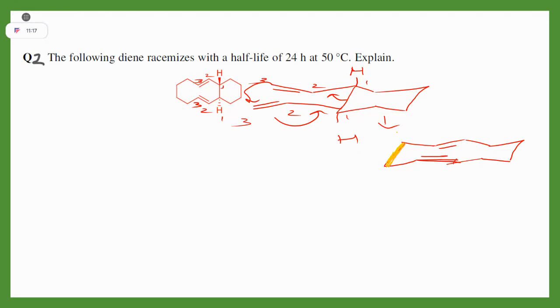So one thing is clear from here, that these are going to be your trans. Yes or no? Because after that also there is one six-membered ring. So basically it is your trans-decalin type system we can call. So on heating, I should use this reversible arrow. This on heating will form.